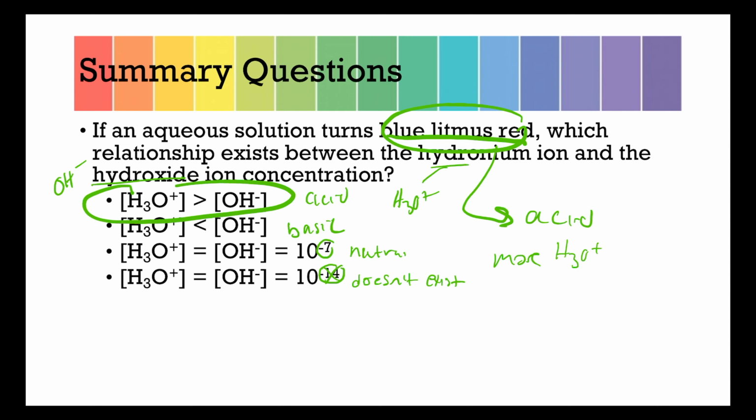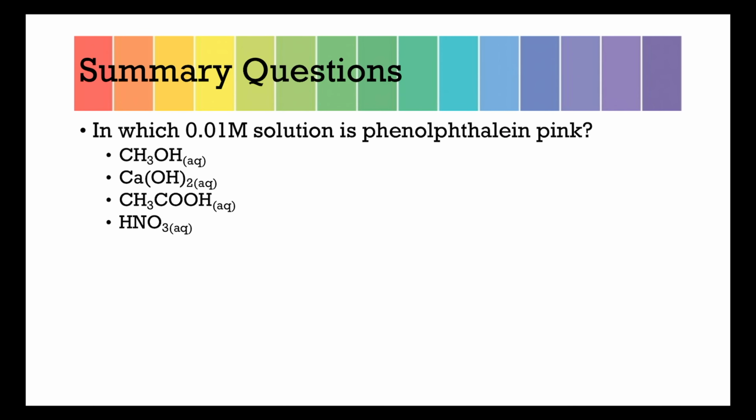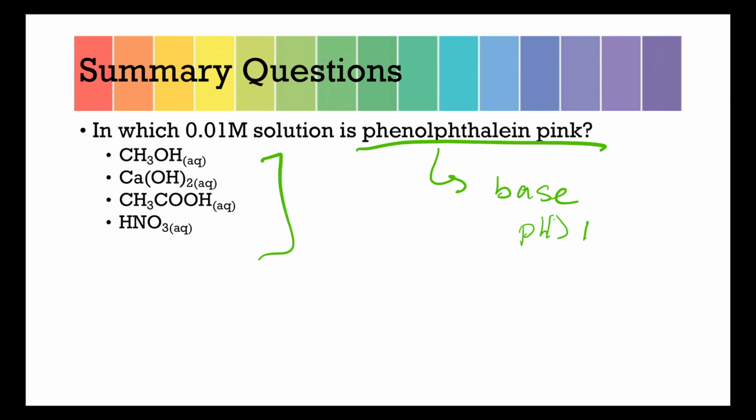Okay. Next. In which 0.01 molar solution is phenolphthalein pink? Phenolphthalein is pink in a base. But if you're given these 4 things, how are you supposed to know if something is basic, or has a pH of 10 or higher?